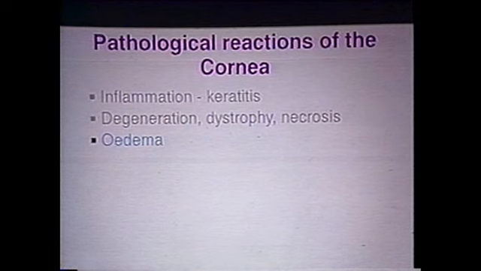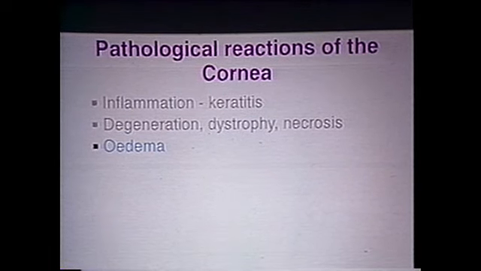Edema is an extremely important component of the pathological spectrum that can occur in the cornea, and in many of the examples seen in practice with respect to pathological change, there is usually an element of edema taking place.